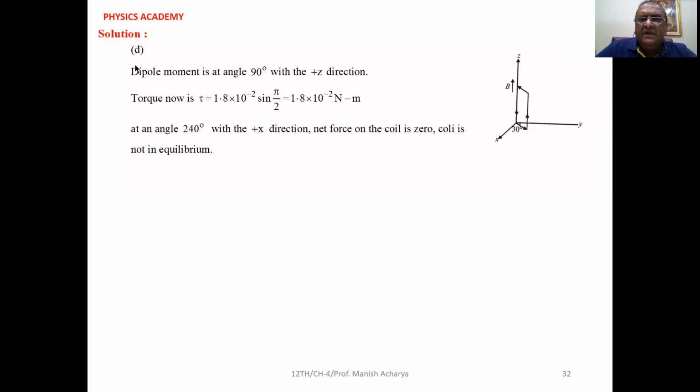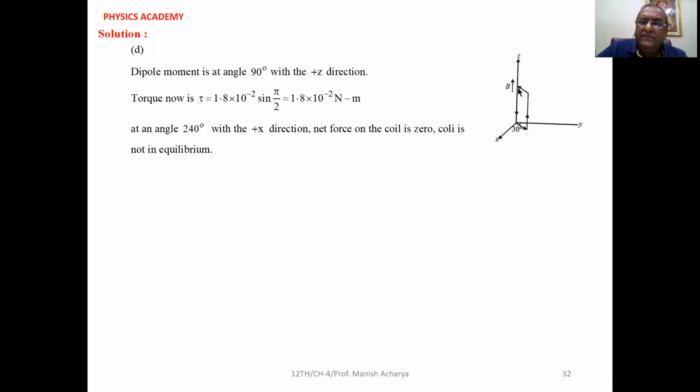Now see, in D case, here the angle of the coil with respect to the y-axis is given to you, but your coil is parallel to the z-axis. When your coil is parallel to the z-axis, it means the magnetic moment is perpendicular to the coil, therefore it is perpendicular to the magnetic field also.